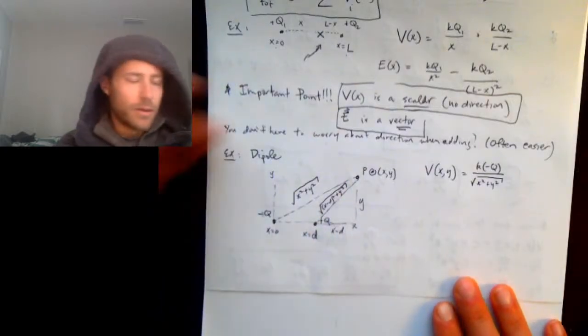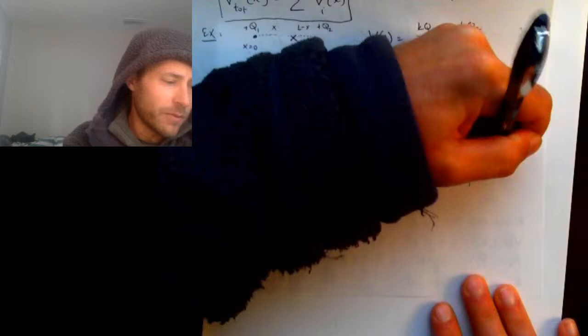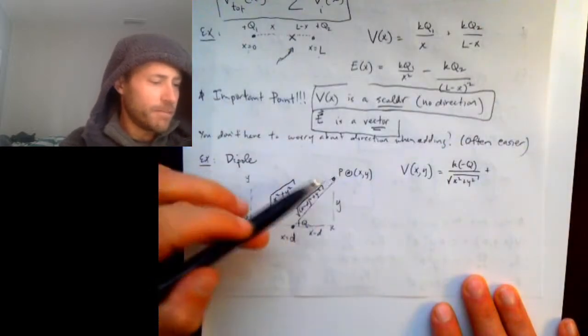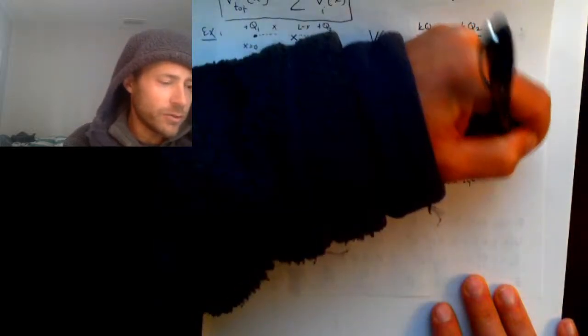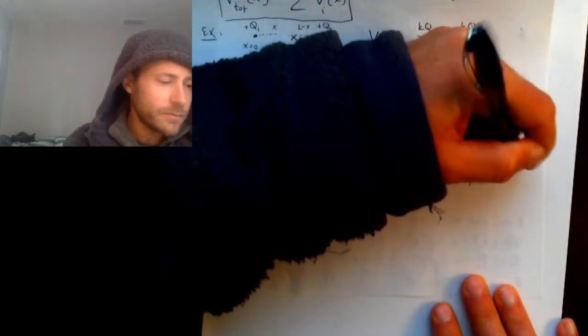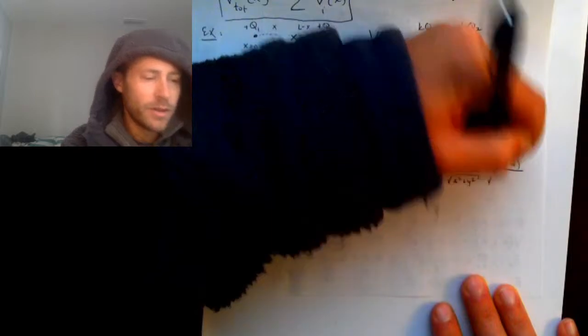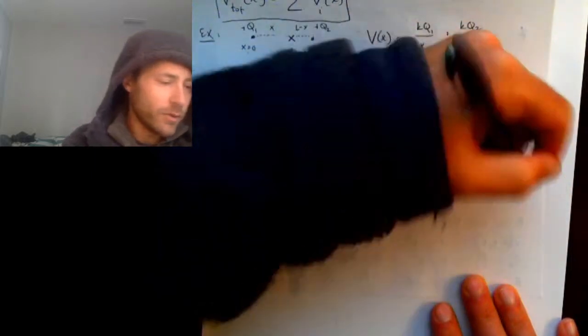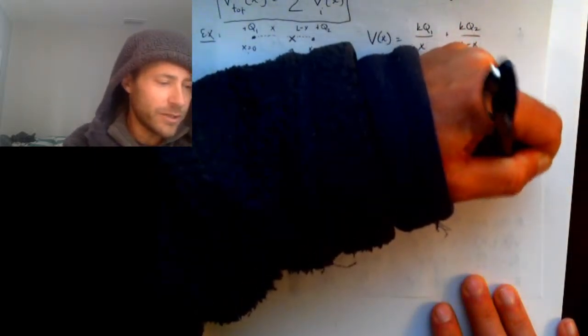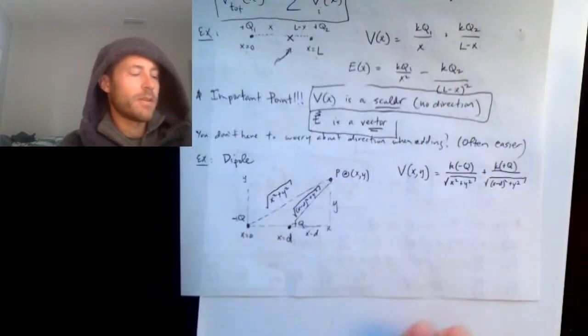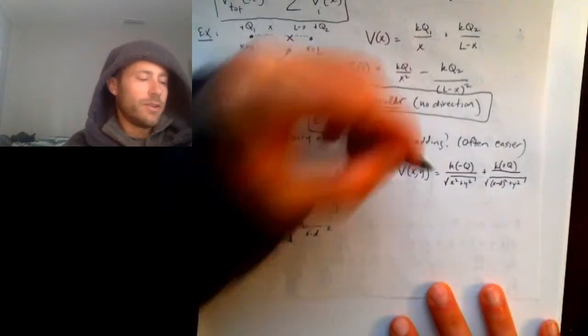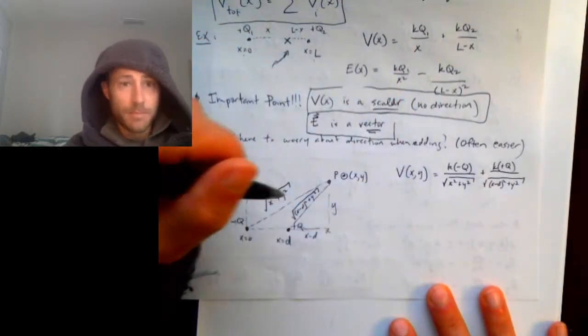Then we have the potential due to this charge, which is a plus q charge, and it's going to be k times plus q over the square root of x minus d quantity squared plus y squared. So that is the potential due to a dipole.